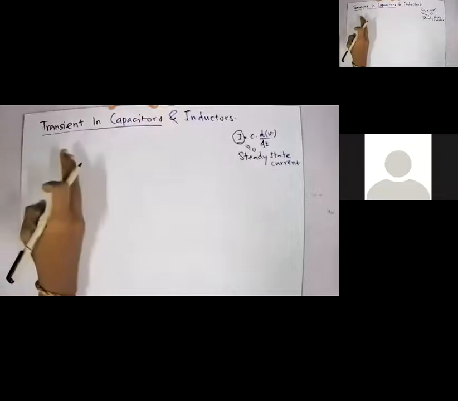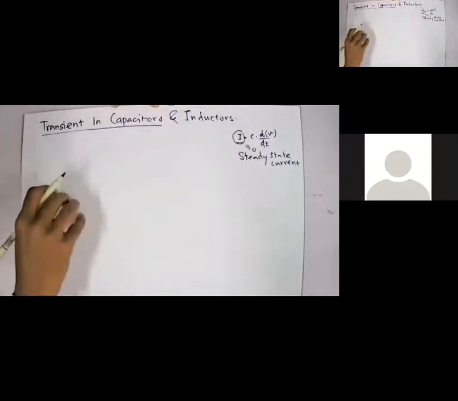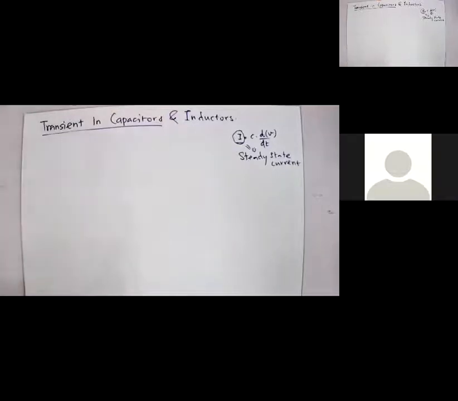But when you connect a capacitor across a DC voltage, there will be a transient current. At the beginning there are no charges stored in the capacitor, and during the charging of the capacitor there will be a current. That is called the transient response or transient current.